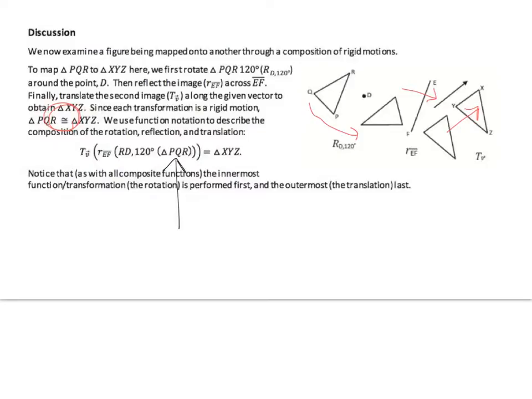So triangle PQR, first we rotated it 120 degrees about D. Then we reflected it on segment EF. Then we translated it on vector V, and we got our new triangle. Do the innermost first, and then go outward and outward.